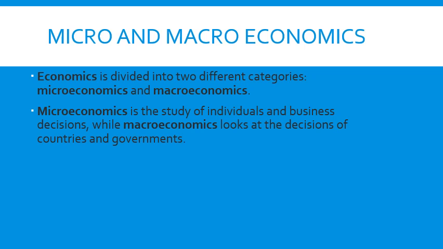When it comes to macroeconomics, the decision is seen from a broader perspective. That's why we use the name macro. It is done at a higher level, covering the entire country or the entire government or a cluster of companies. That is the difference between microeconomics and macroeconomics.